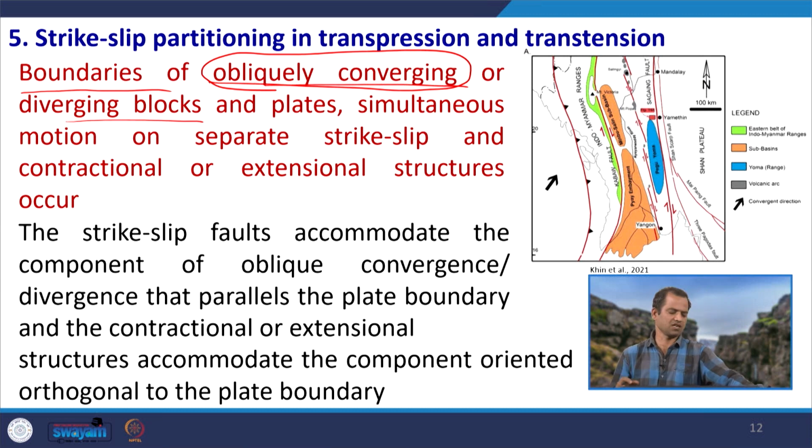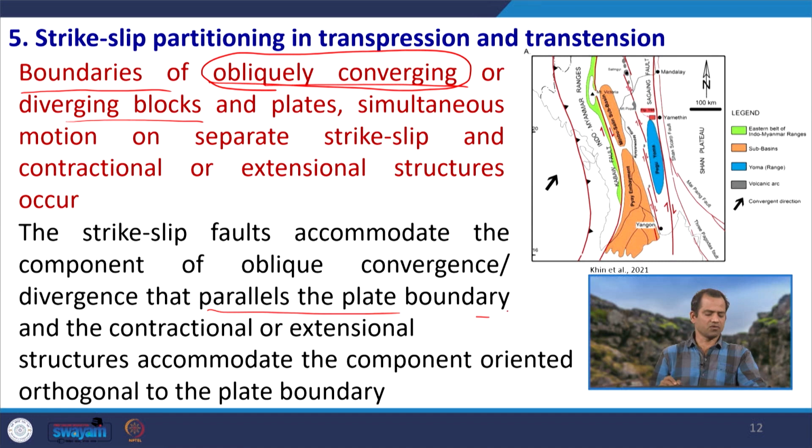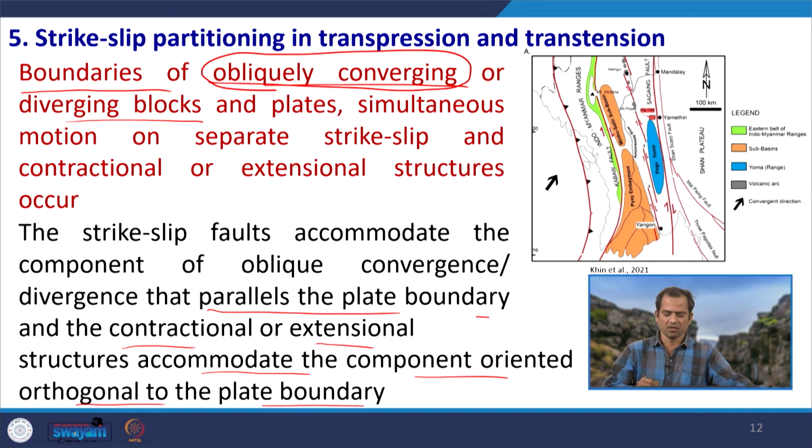So, the strike slip fault accommodates the component of oblique convergence or divergence that is parallel to the plate boundary, and the contractional or extensional structure accommodates the component oriented orthogonal to the plate boundary, because in an oblique slip system, one component is your strike slip component, and another component is perpendicular to that.